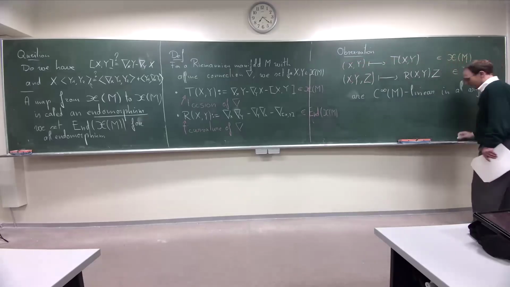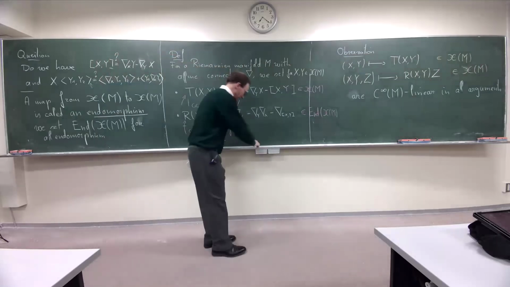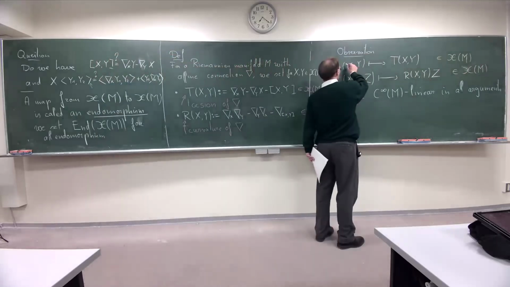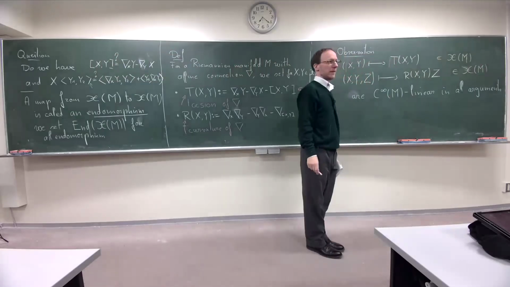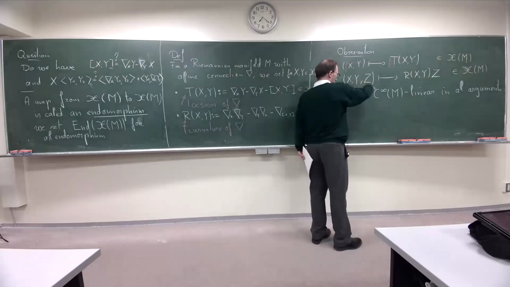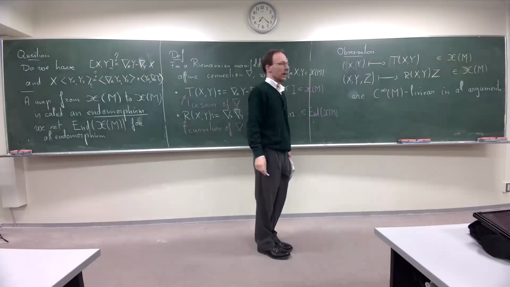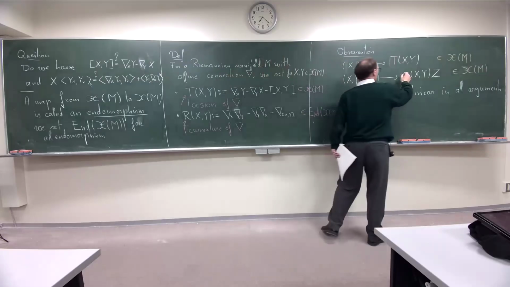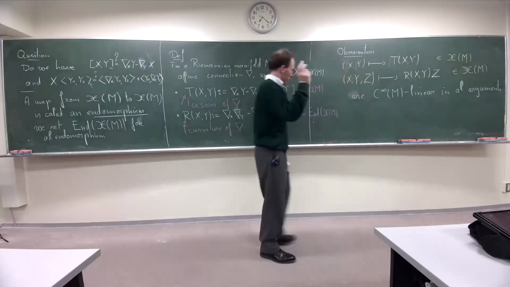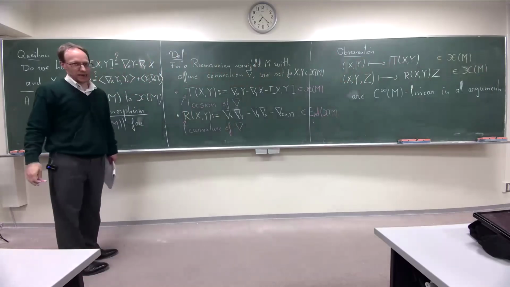So what does it mean? It means if you put an F here, you can put it here. It's linear in terms of functions. Or if you put it here, it's also linear in this argument. And the same if you put an F here or here or here, you can move it out. As I said, it's not difficult, but you need to go through the definition and check.